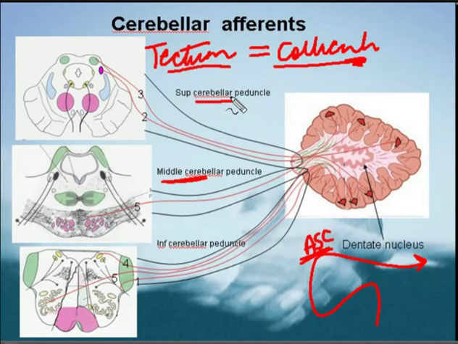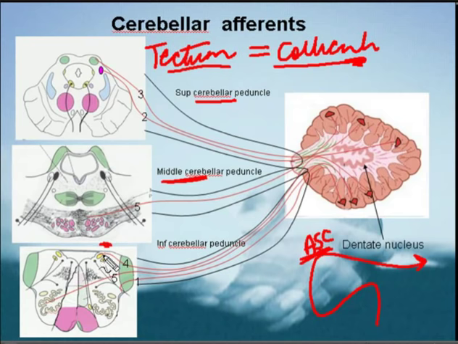Then for the inferior cerebellar peduncle, the posterior spinocerebellar, remember we never saw it up in the rest of the brainstem, we only saw it till the level of the medulla, so that means it goes through the inferior cerebellar peduncle. The vestibulocerebellar, the vestibular nucleus is seen in the pontomedullary junction, mainly in the medulla, so it's going through the inferior cerebellar peduncle.